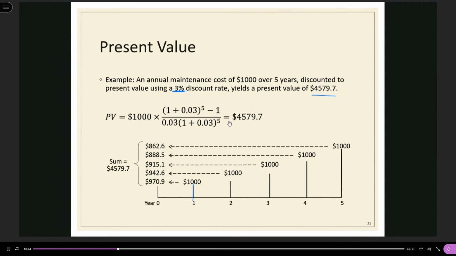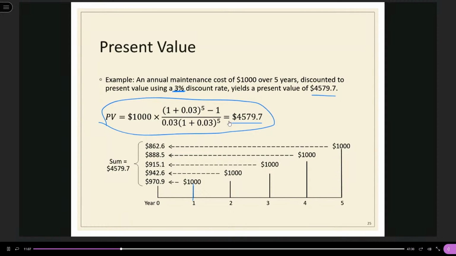We may use this equation to calculate it, or you may use the first equation.